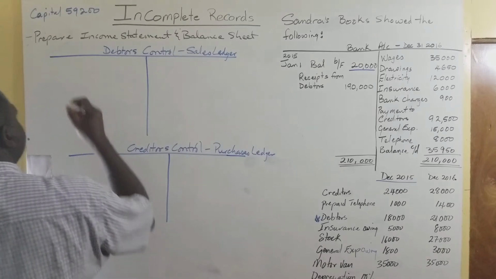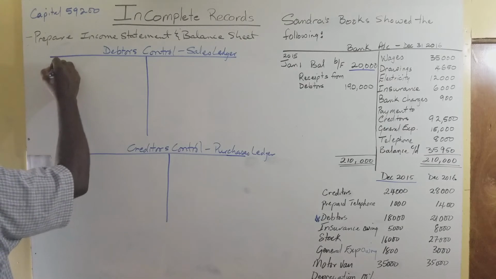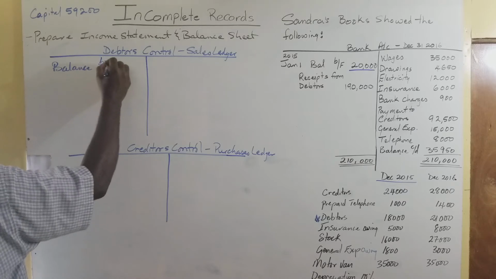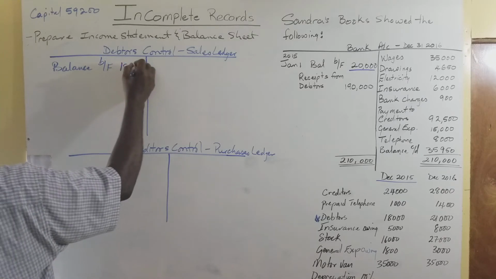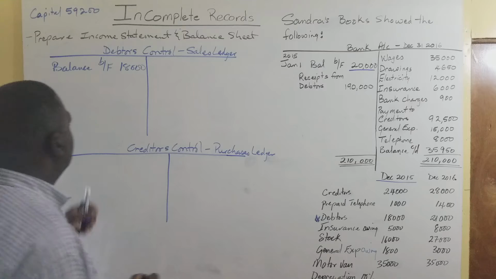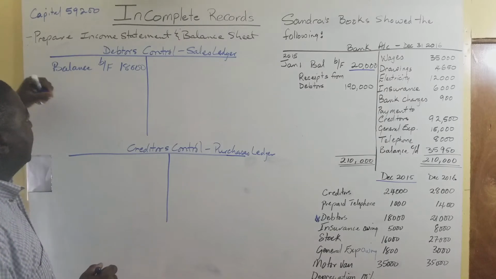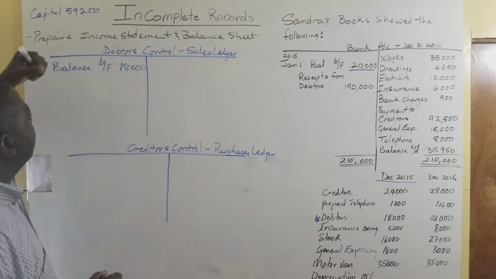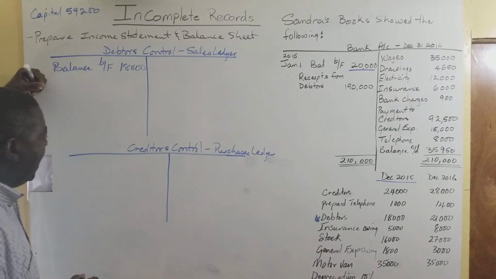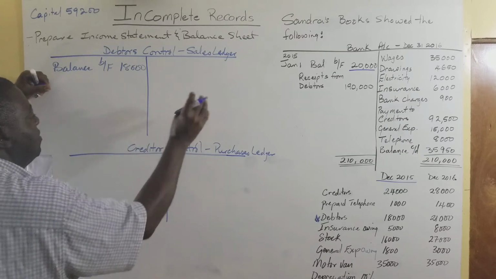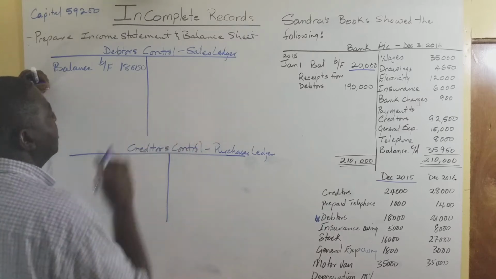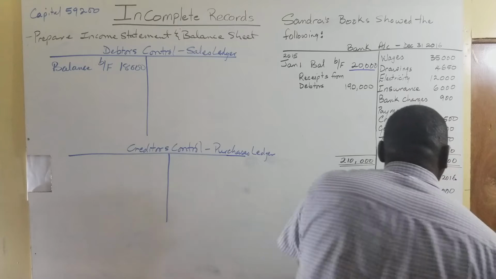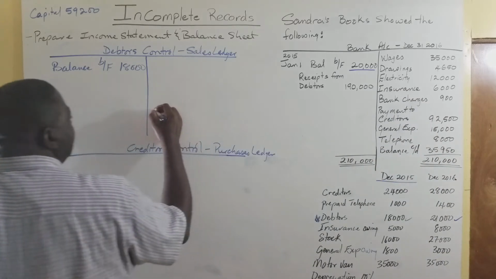So we come to the debtors control and we have balance brought forward of 18,000. Once the debtors control records the opening balance on the debit side, then the closing balance will be on the credit side. So the closing balance figure now would be 21,000, and we'll write it here.